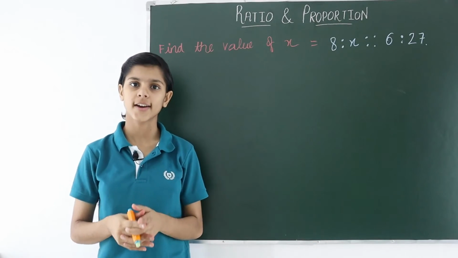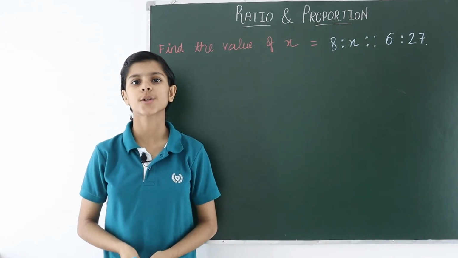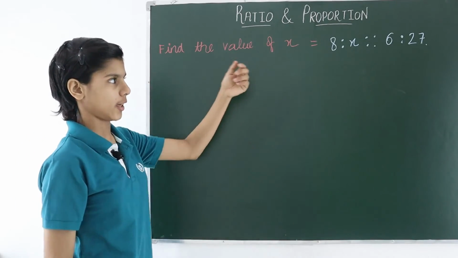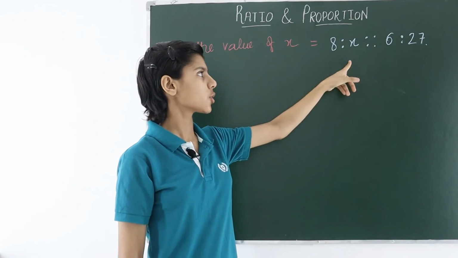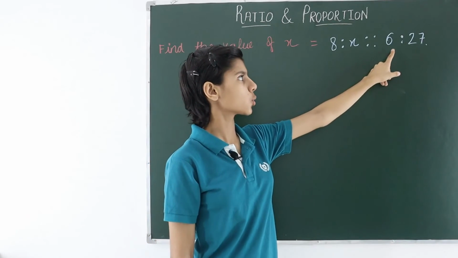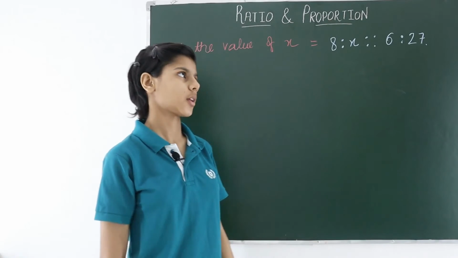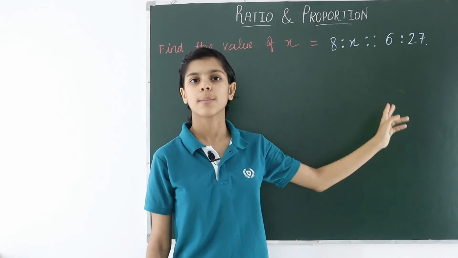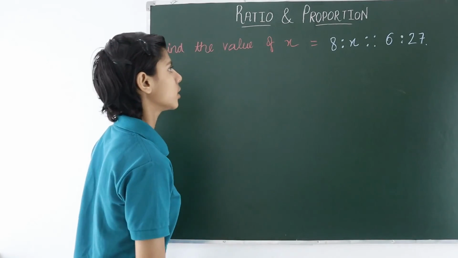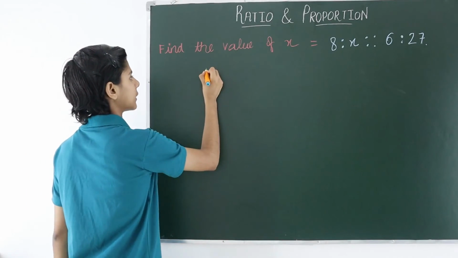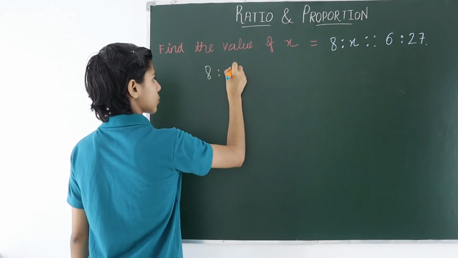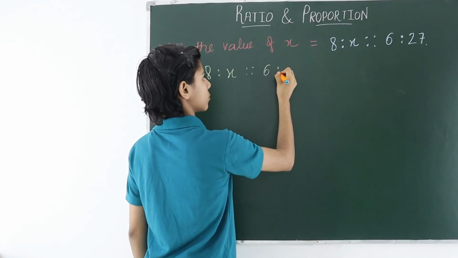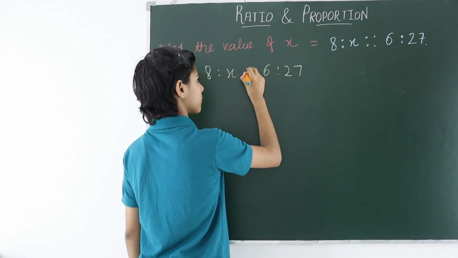So friends, here is one question related to proportion. Find the value of x, that is 8 is to x proportion to 6 is to 27. We have to find the value of x in this proportion. Firstly we will write 8 is to x, proportion 6 is to 27.